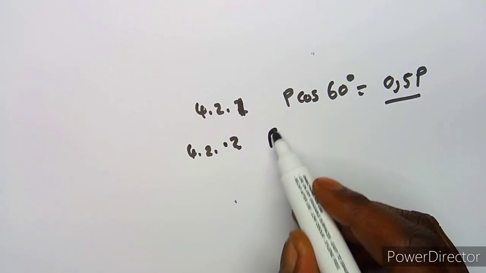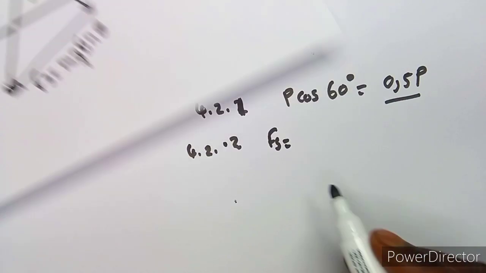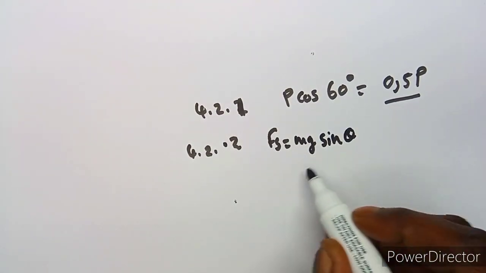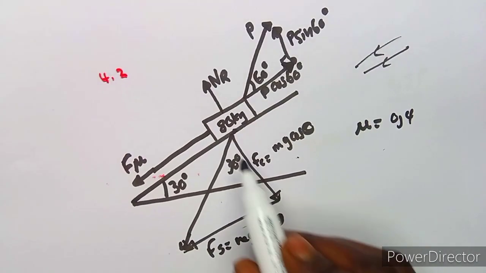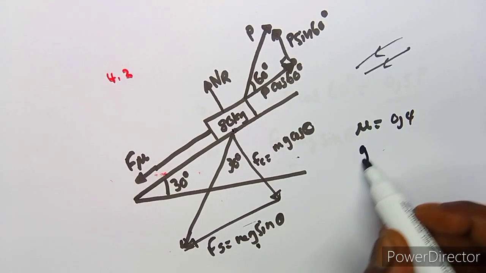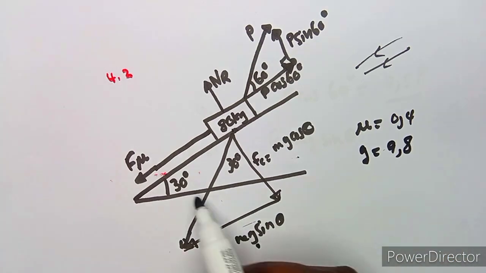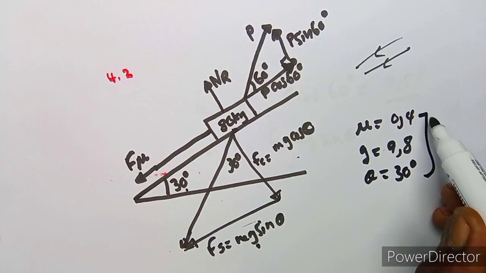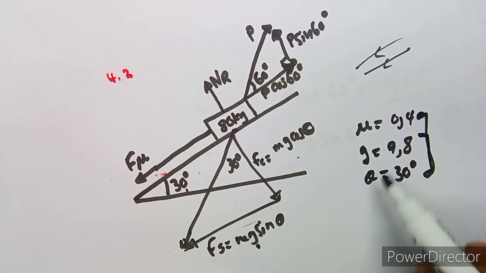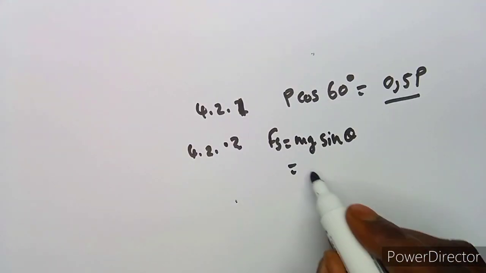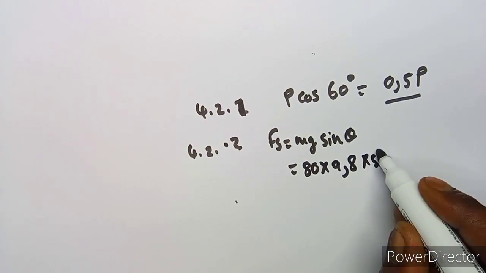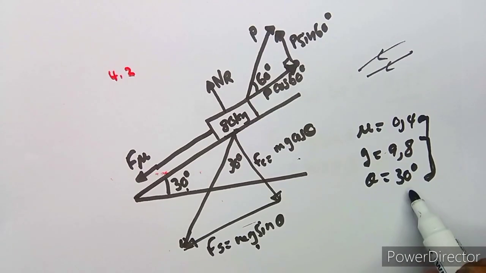So that's your Fs, which we said is mg sine theta, from W sine theta. Remember, W is equivalent to mg, so it's going to be mass of 80 times g, which is 9.8 times sine theta, which is 30 degrees.